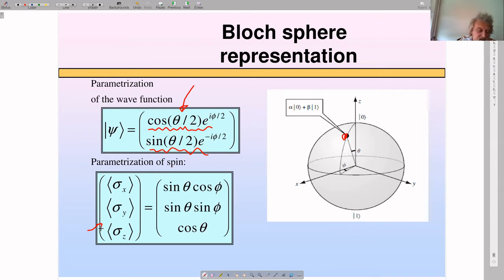So if one computes the average values of the x, y, z components, it already makes sense. Those are components of a vector in this coordinate system.